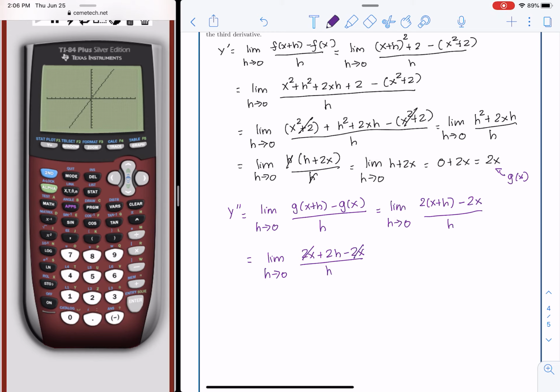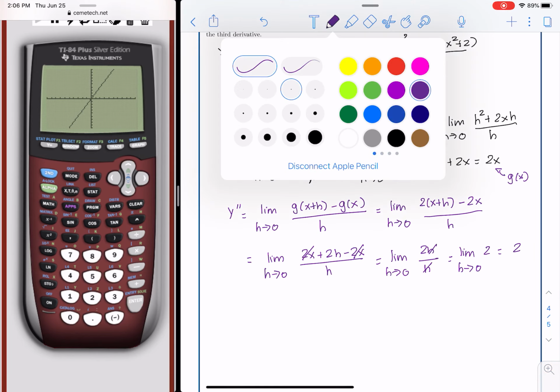Those two would go away. Limit h approaches 0, 2h over h. The h's would go away. Limit h approaches 0, 2, which is simply 2, because 2 is a constant and it is not affected by h. Is that a function? Yes, we have seen this previously. y equals 2.